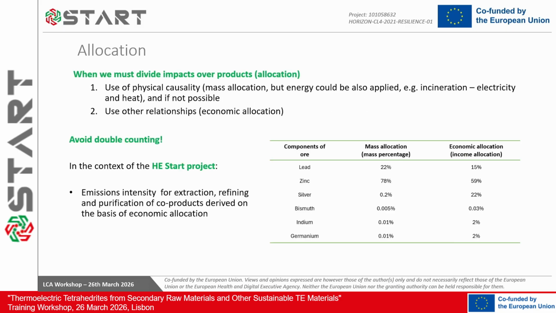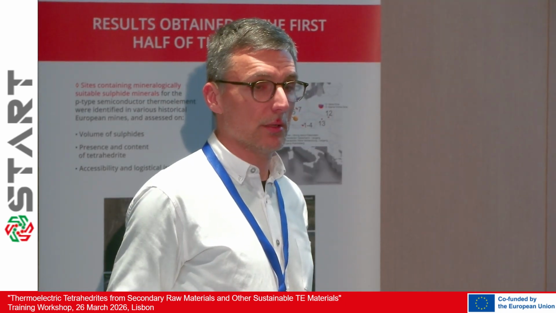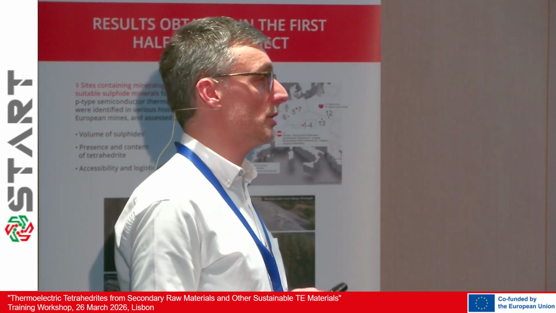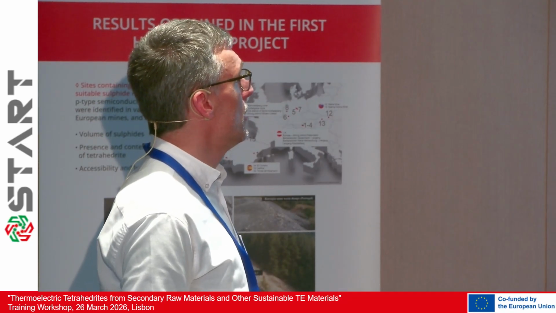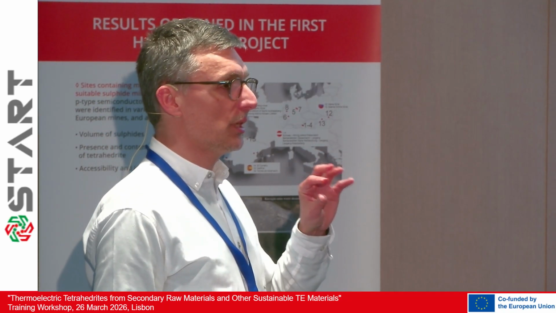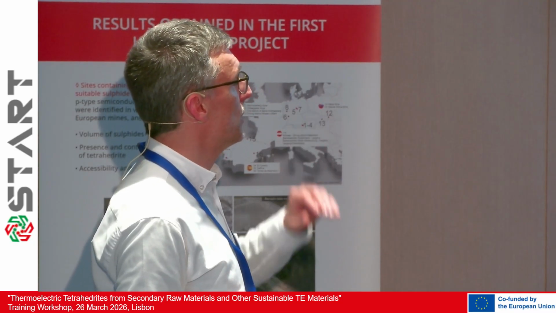Another approach, which we took with the START project, for instance, when looking into the inventory for the processes of the extraction of the raw materials: we had information about the ores and the components of those ores, and we were trying to single out each of the individual materials.